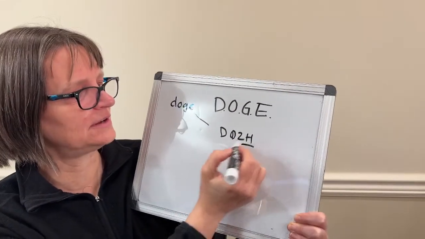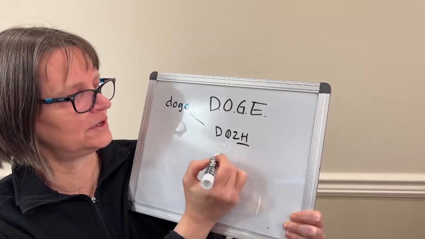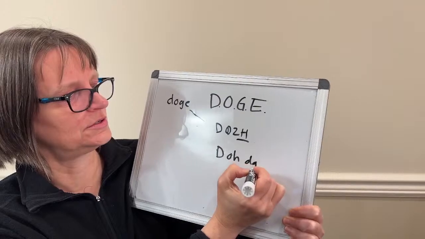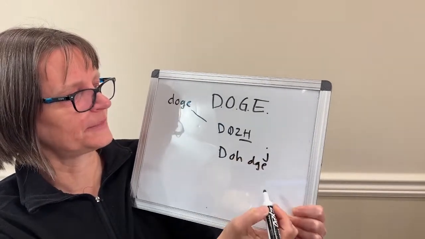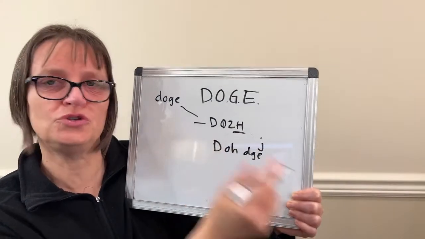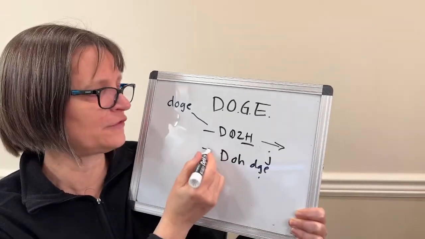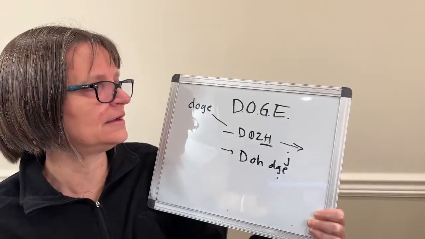Some people pronounce it as Doge with a j sound. So I think you can do Doge with a continuing sound or Doge with a j sound. I've heard both in the media.